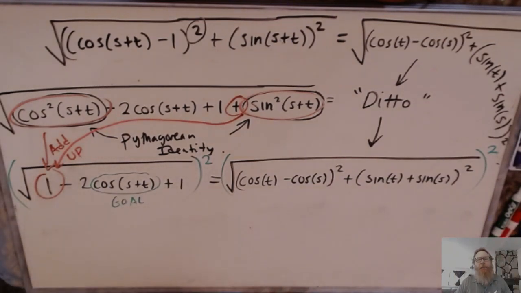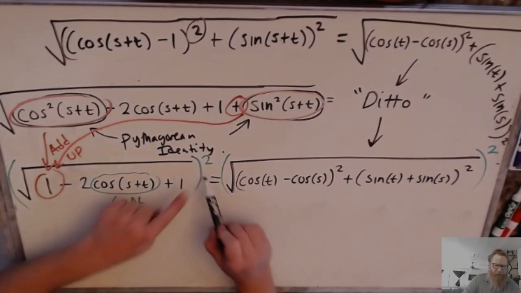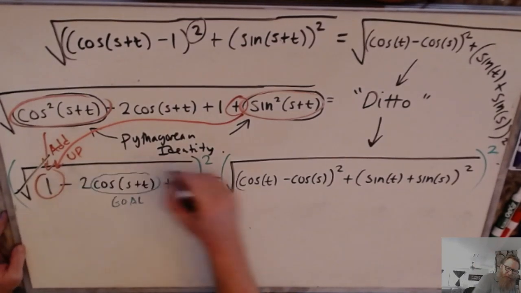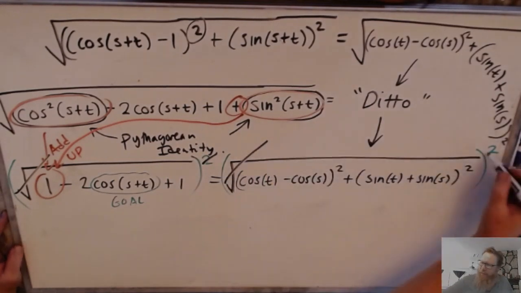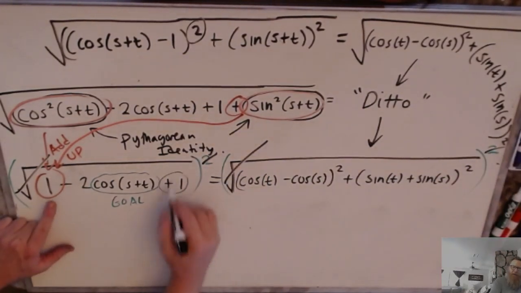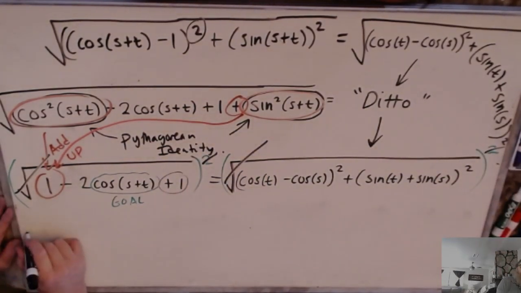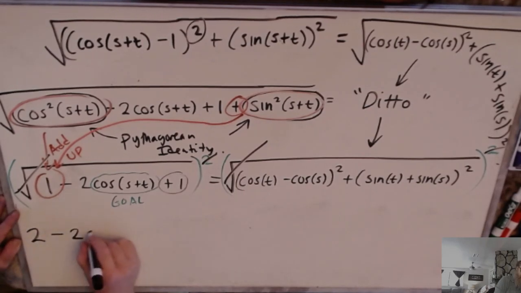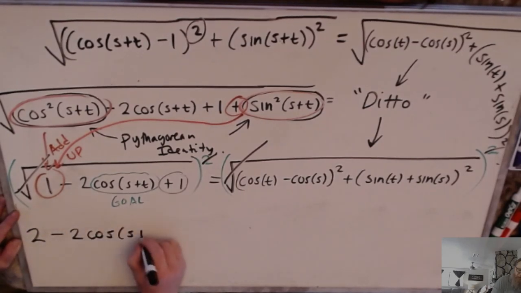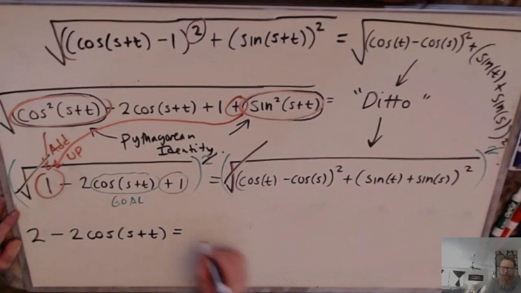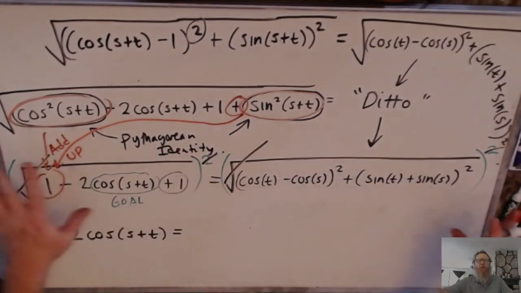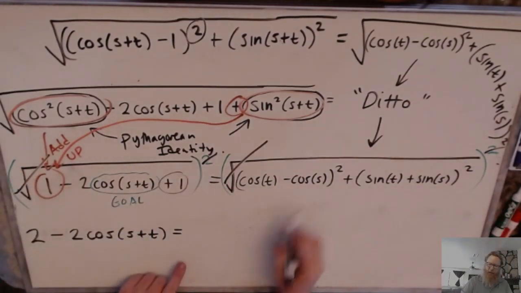Okay. I'm just trying to get rid of these square roots. So these are now gone. I might as well add up the ones. So now I have 2 minus 2 cosine s plus t. The square roots are gone. So now let's multiply this out.